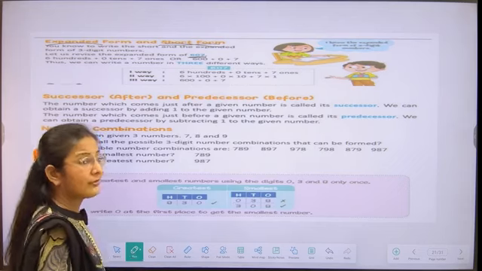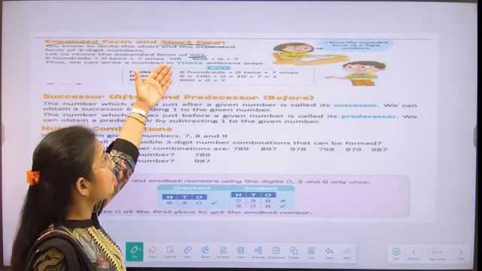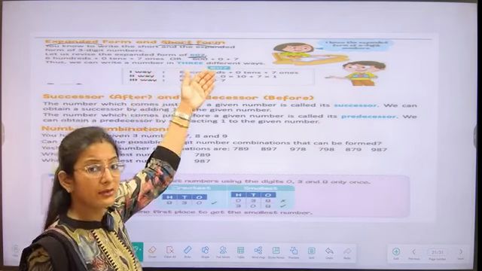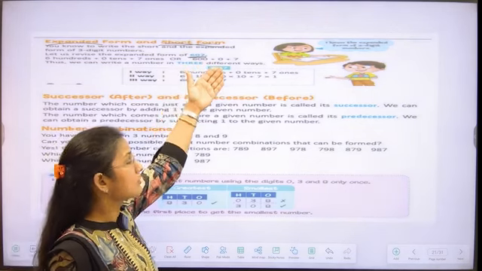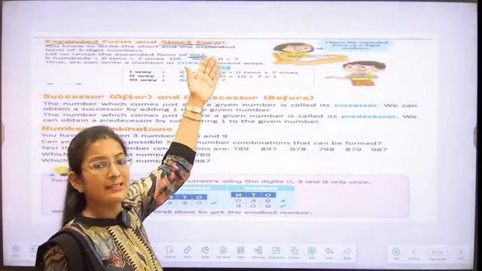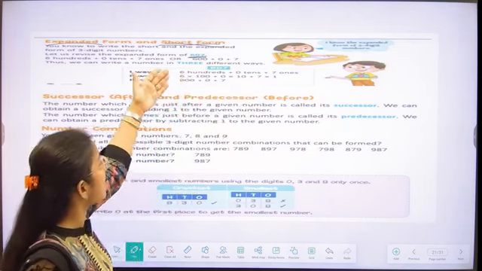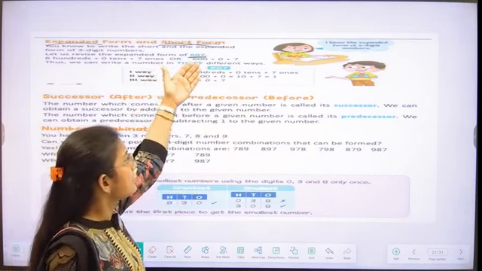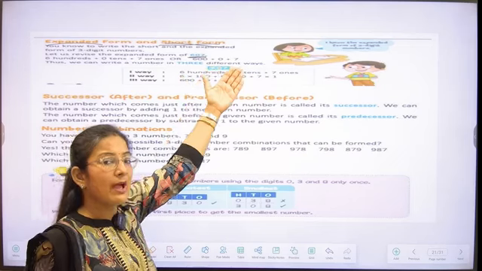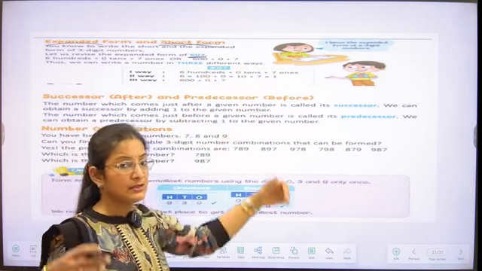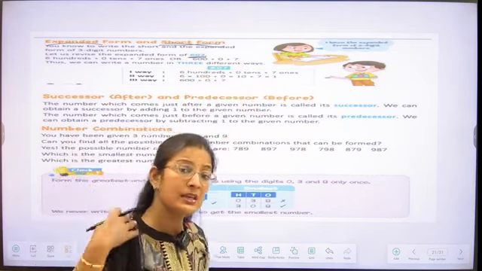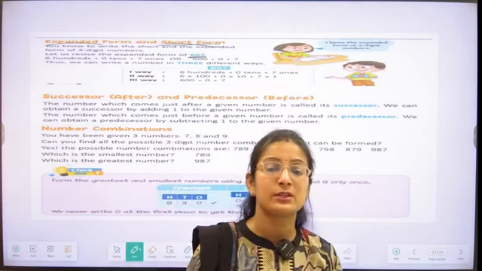If we have the number 607, the place value of 6 is 600, tens has 0, so we write 0, and 7 is at the ones place. So we can write the number in expanded form as 600 + 0 + 7.